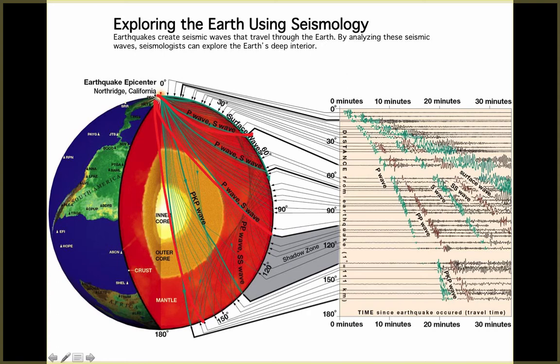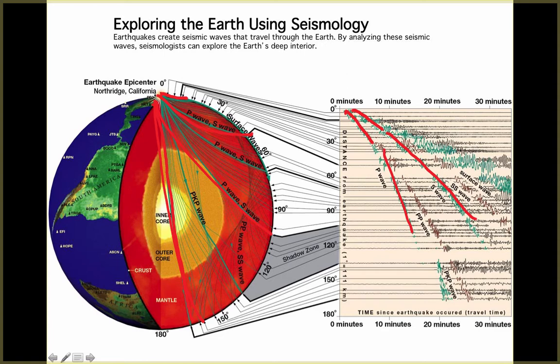The close-in stations only see rays that travel through the shallow parts of the earth. The far stations see rays that travel through the central part of the earth, even through the core. At close distances, we see the P waves and the S waves are close together, and they gradually get more and more separated as we move to longer and longer times. That's the method we use to locate earthquakes.